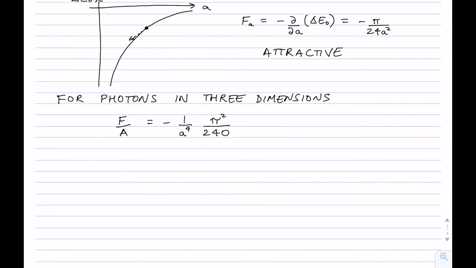Pi squared over 240 turns out to be the factor between two parallel plates of area A separated by distance little a. And in fact, an experiment similar to what I've just described was done in Los Alamos. If I remember correctly, it was a metal sphere and a surface like this, and it was to calculate the force between them separated by some distance.